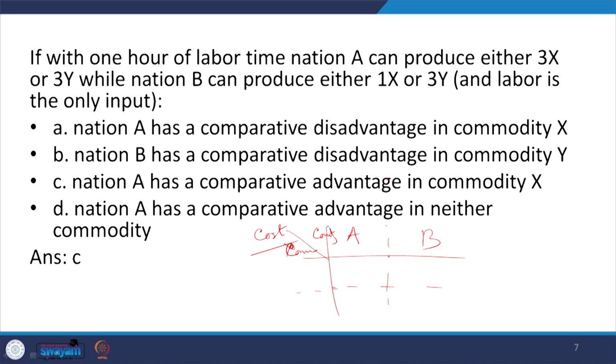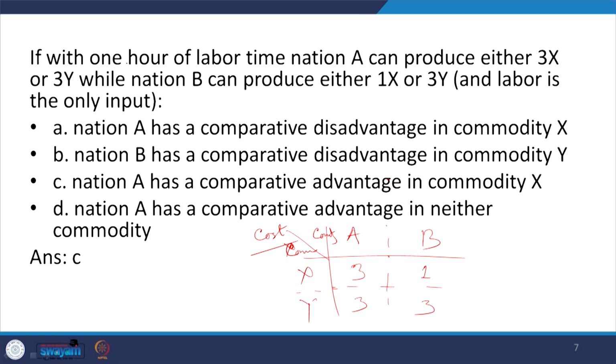So, nation A can produce either 3x or 3y. Let this be x and this be y. Nation A produces 3x and 3y, while nation B produces 1x and 3y, and labor is the only input.